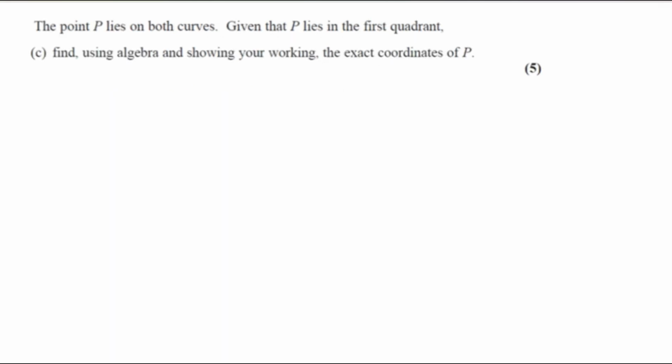The point P lies on both curves. Given that P lies in the first quadrant, find using algebra, showing your working, the exact coordinates of P. Now for that I have to find the coordinates. So I have to factorize our given function.